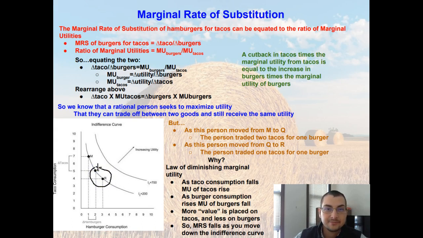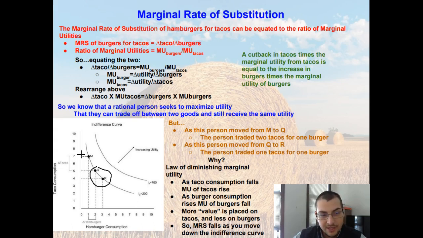Why is that the case? Very simply, the answer is the law of diminishing marginal utility. As taco consumption falls, the marginal utility of tacos rises. As burger consumption rises, the marginal utility of burgers falls.